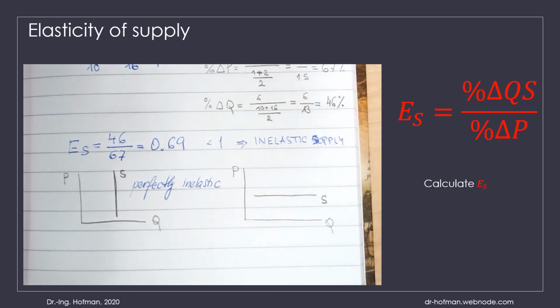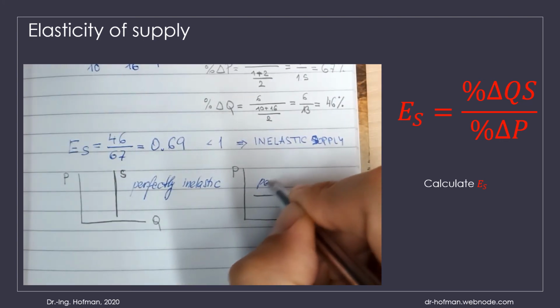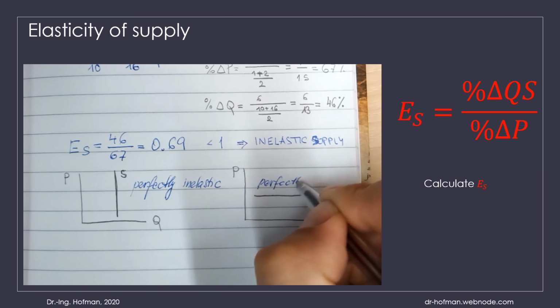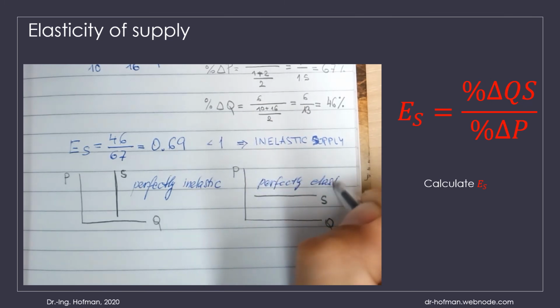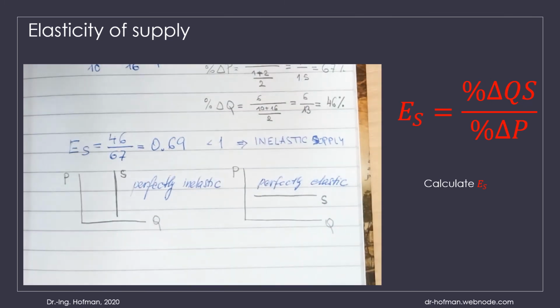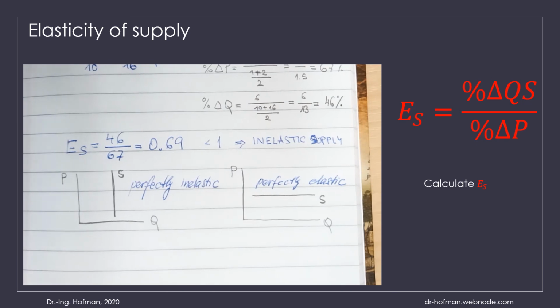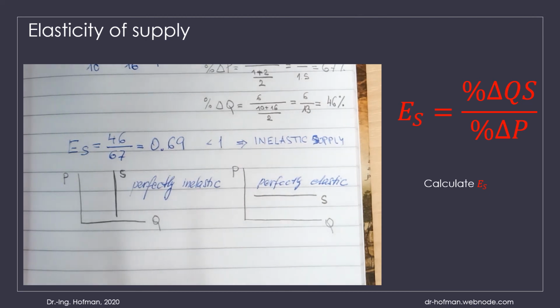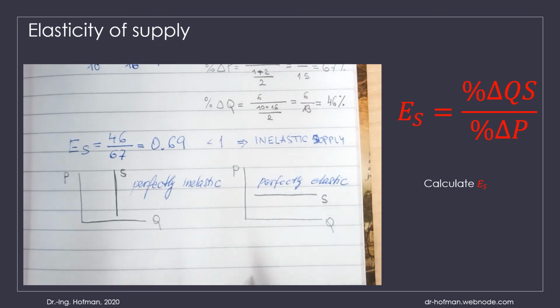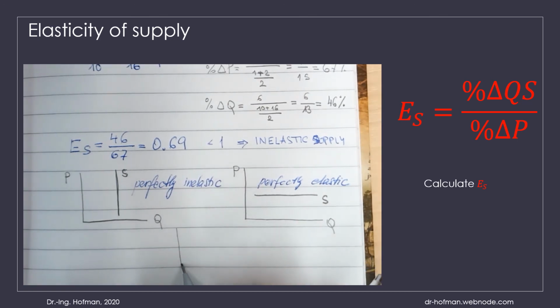Now, the cool thing about elasticity of supply is it's actually much easier to make a curve that has unit elasticity. The easiest curve I can draw, and the reason why it works in this case, is because it's a straight line going up from the origin, and in the middle you have so-called unit elasticity. So at any point here, the two are going to be proportional.